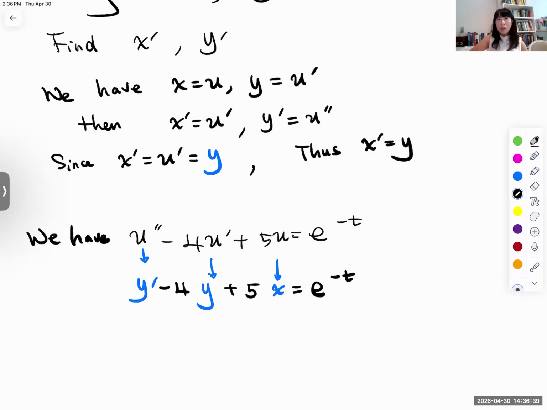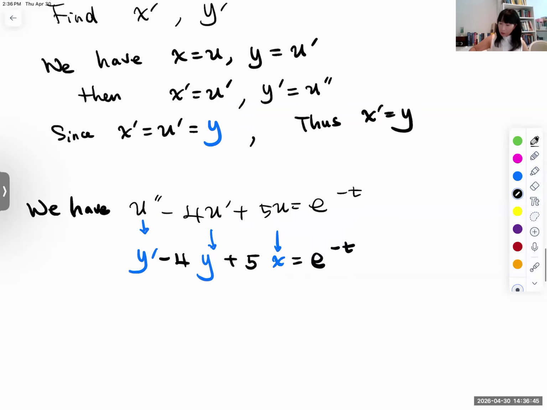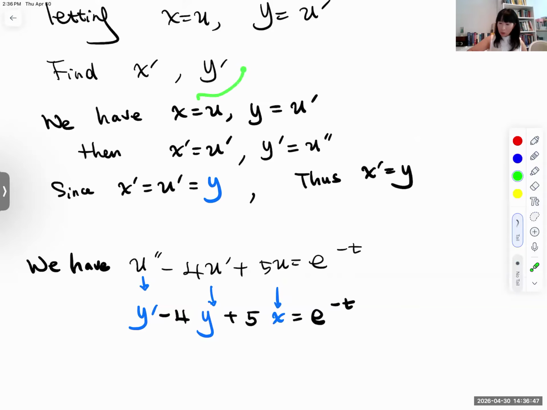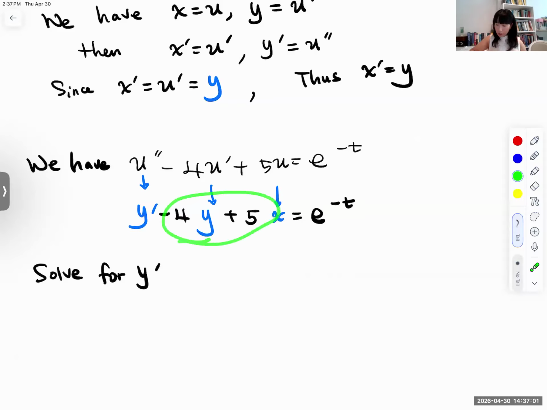Yeah. Okay. Now we want to solve for y prime because the question said find y prime, right? So solve for y prime. Yeah. Then everything move to the other side.